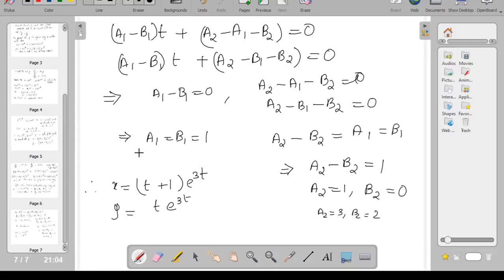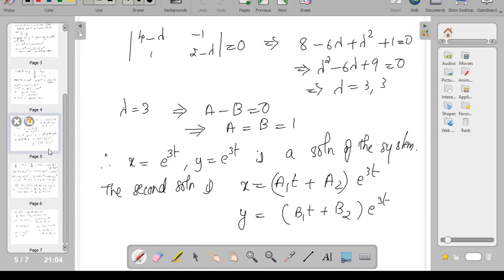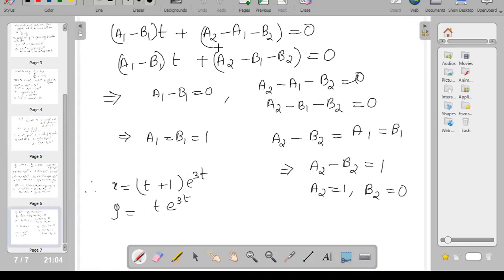Also, it is not compulsory to take a1 equal to b1 equal to 1; we can take 2. Then 2t will come here and 2t here. So that is up to our choice. So therefore we will get this as the second solution. And our first solution is with a and b equal to 1.